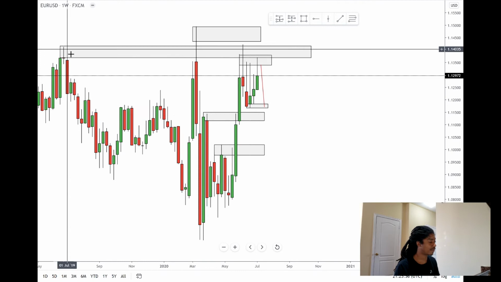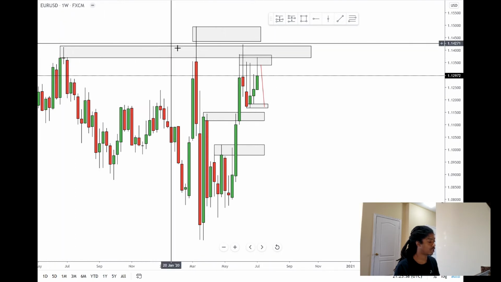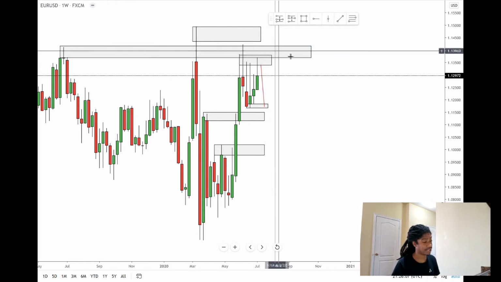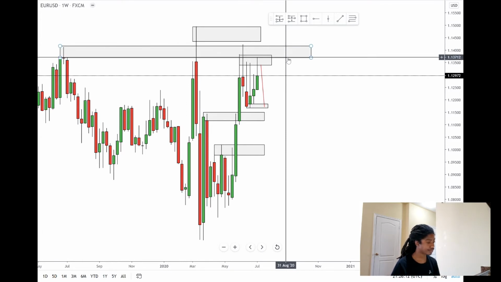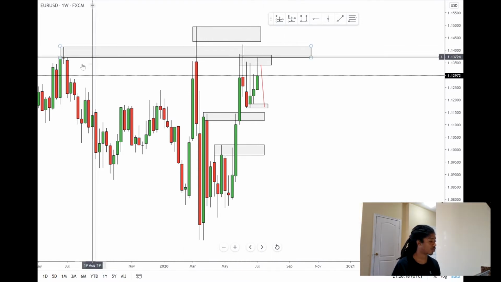I did mark off this area as a resistance as well to show that we are getting a lot of buyers blocked out of the market. A lot of sellers are definitely apparent up into this area of $1.14 on the euro. Let's say $1.14 is where it starts to get really sticky for this pair. So I did mark this off.